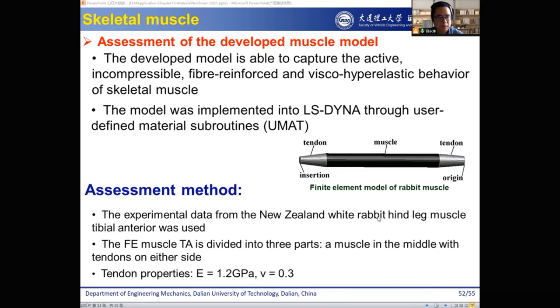And in the end, we want to do the assessment of the developed model. We want to check whether the mechanical constitutive model we developed is good or not.